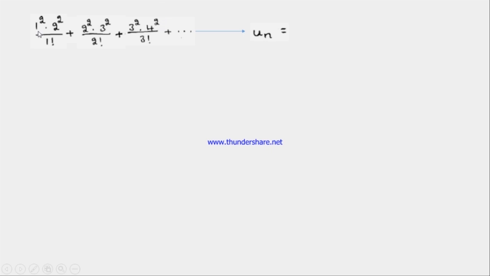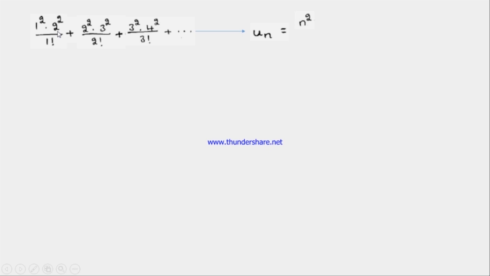If I come to the base here, it is 1 square. First term 1, second term 2, third term 3. So this 1 square, 2 square, 3 square, and so on should give what? N square for us. Come to the second part, 2 square.